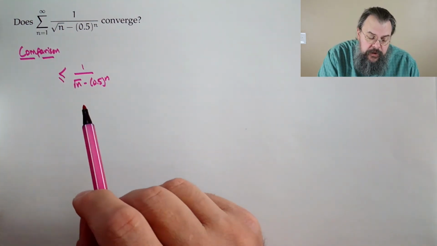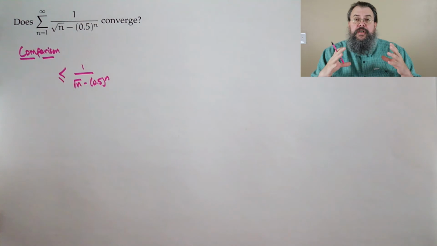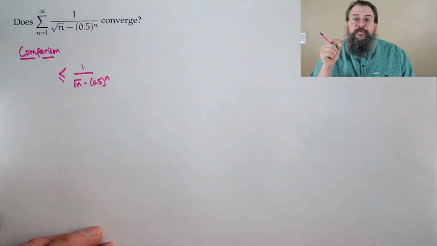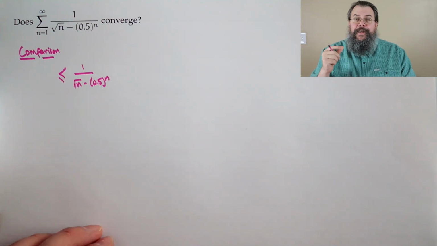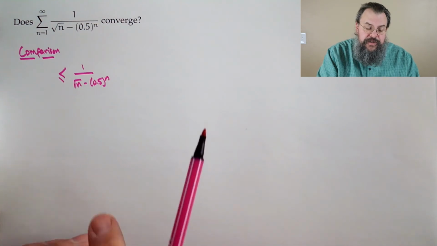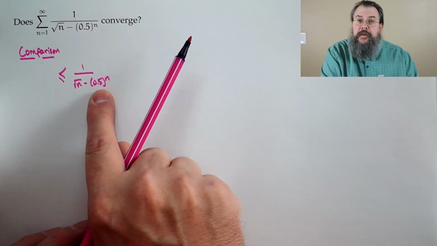Well, here's a good rule of thumb. If I want something to be smaller, make the denominator larger, right? Larger denominator, smaller value. So notice this is 1 over root n minus something.